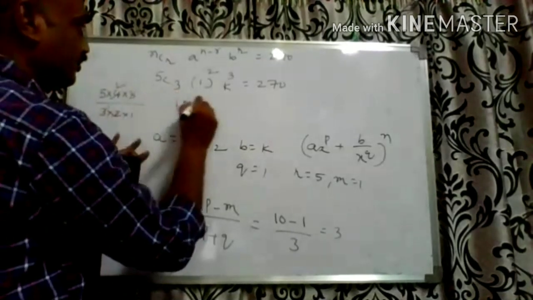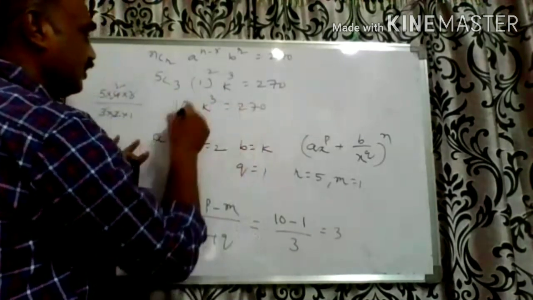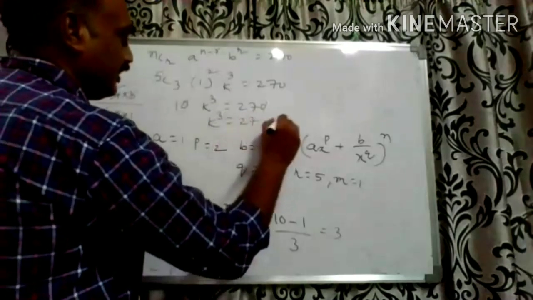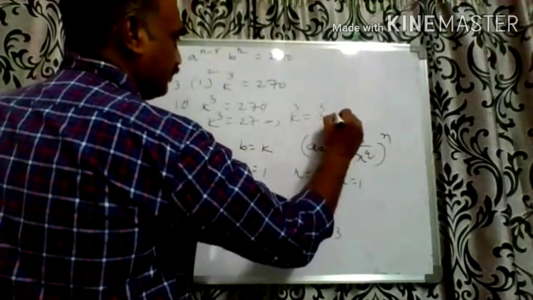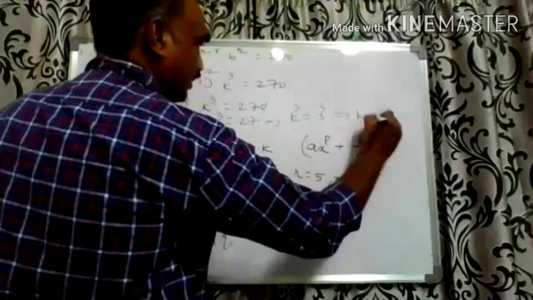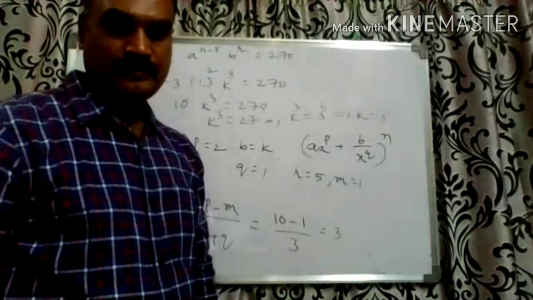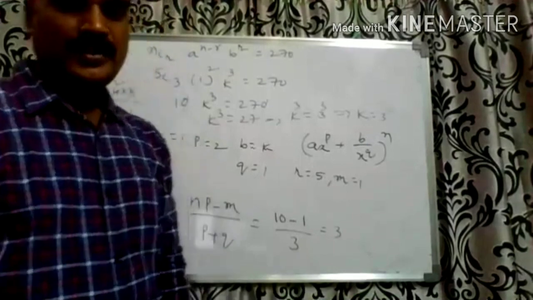So 10 into k cube is equal to 270. 0 cancels, k cube is equal to 27, which implies k cube is 3 cube. K is equal to 3. Okay, students.